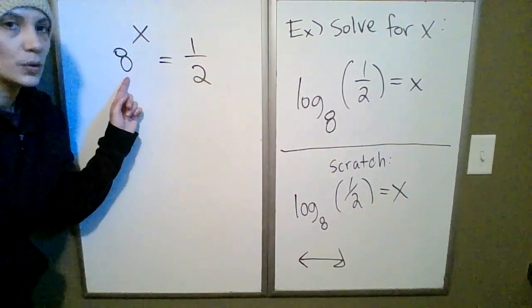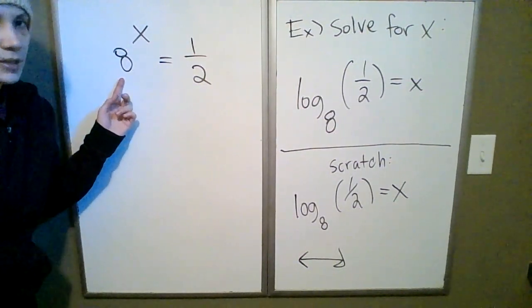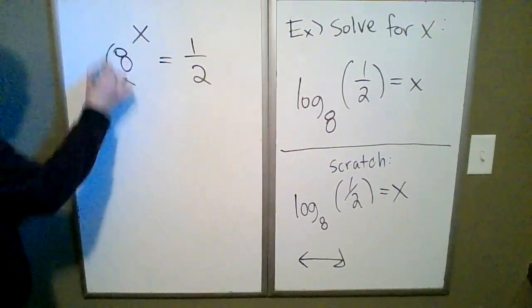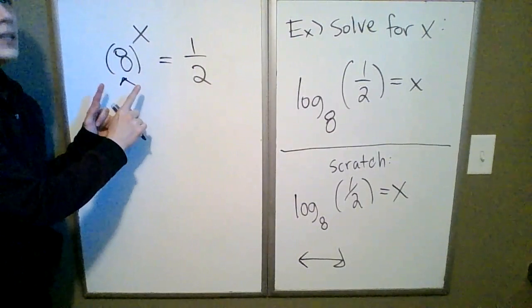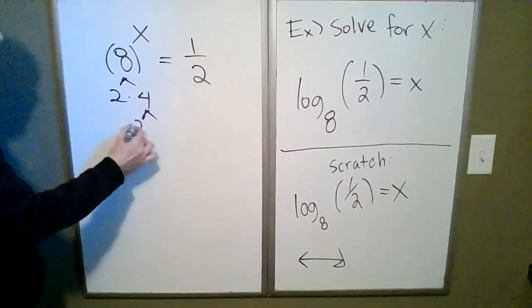Okay, and then this time we're going to replace 8 with 2 cubed. Well, you could do a factor tree first. So just on 8, it's 2 times 4. 4 is 2 times 2.